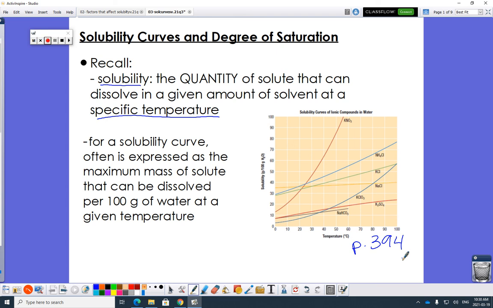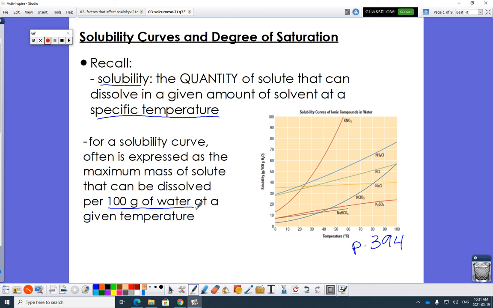You can ask a variety of questions based on a solubility curve, so that's really what the examples are. We're going to use the same solubility curve every time and basically just do different examples, okay? So usually the water amount is 100. It can be 1,000. So you just need to carefully read the units on the side of the graph.